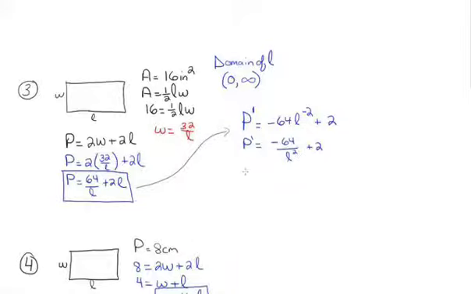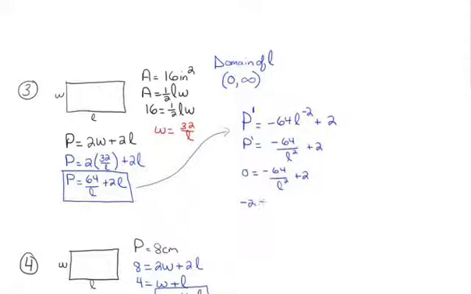So let's set it equal to 0 and solve. So I get negative 64 over L squared plus 2. Looks like I've decided not to do a fraction this time. Might as well switch it up a little bit. I still prefer that method. So I'm going to solve for L squared. I'm going to move the 2 over.